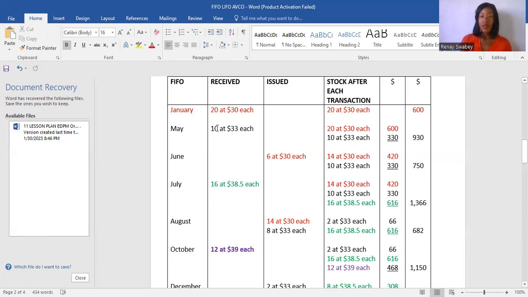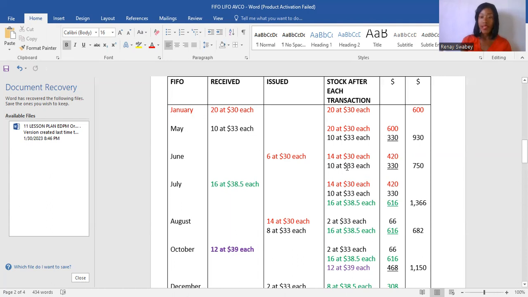FIFO says first in, first out. So after you would have dealt with this, you go on to the next good, which was purchased in May, but not sold in May. That's why we have this blank space here. It wasn't sold. So after doing our stock taking, we still have all this good here because none was sold.